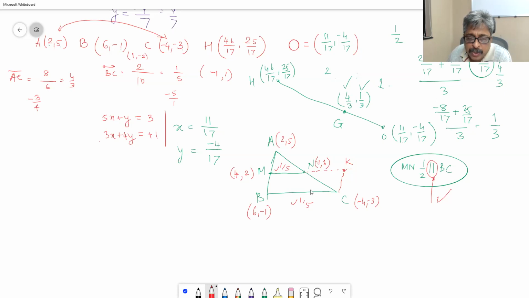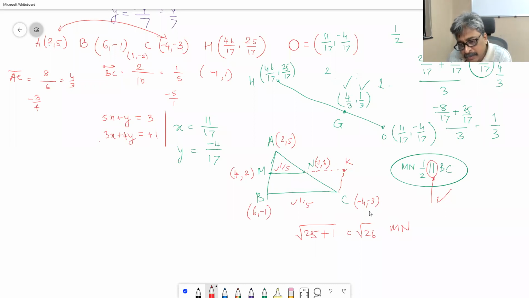4 minus minus 1, that is 5, squared 25. (x1 minus x2) bracket square. 2 minus 1, that is 1, bracket square, 1. Root 26 is MN. Let us find out how much is BC.